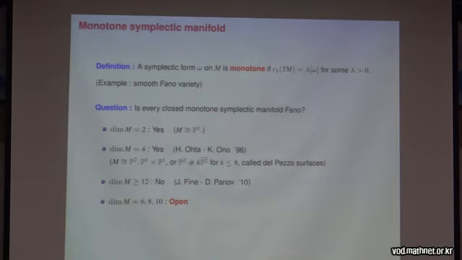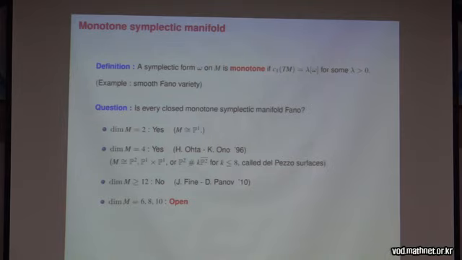The following question is a classical one in symplectic geometry: whether every closed monotone symplectic manifold is Kähler, that is, to find a monotone non-Kähler symplectic manifold. That's the main problem. In lower dimensions, the answer is positive.